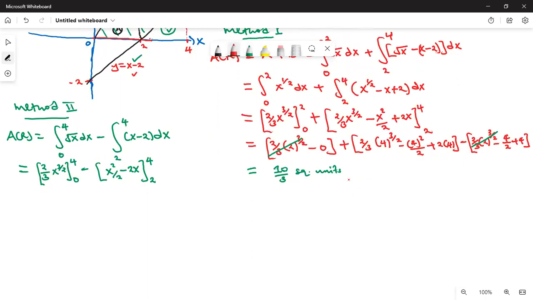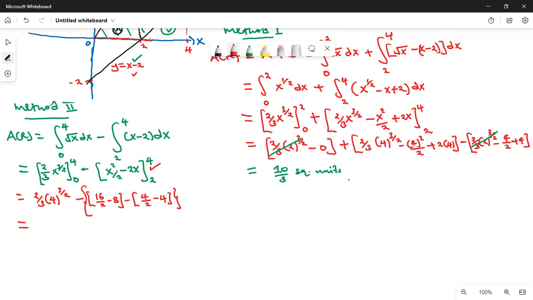This is now equal to, if I substitute 4, I'll have 2 over 3 times 4 raised to 3 over 2. When you put 0, you get 0, then minus, again, this other one, you substitute 4. That will give us 16 over 2 minus 8. Remember there's a bracket here. And then there's another minus. When you put 2, 2 squared is 4. So that's 4 over 2 minus 4. There's a bracket.